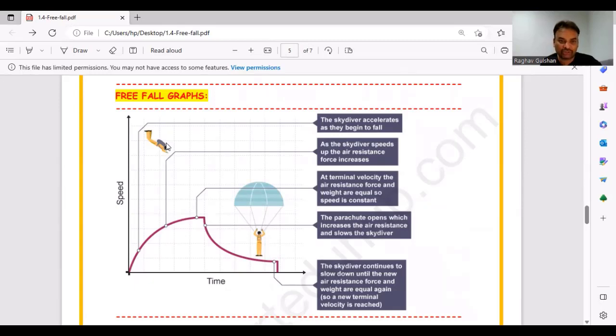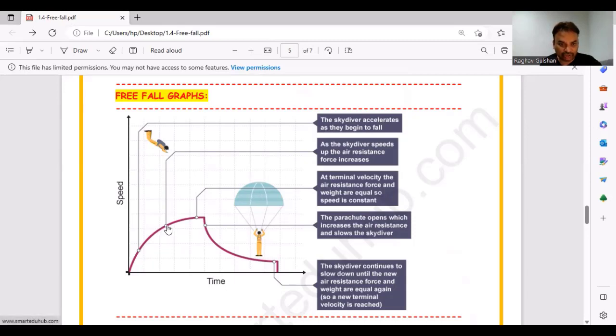To make our calculations easy, normally we use 10 meters per second squared. So at this point on the speed-time graph, the moment the skydiver jumps from the aeroplane, the acceleration is equal to 10 meters per second squared.